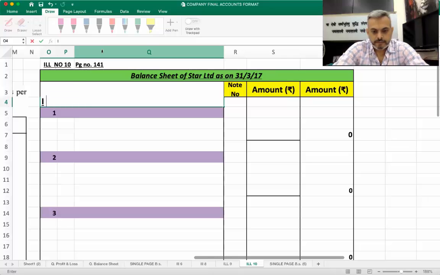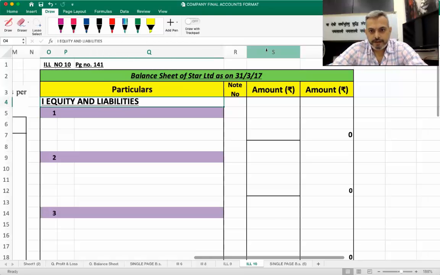You write the heading, equity and liabilities. Equity and liabilities.